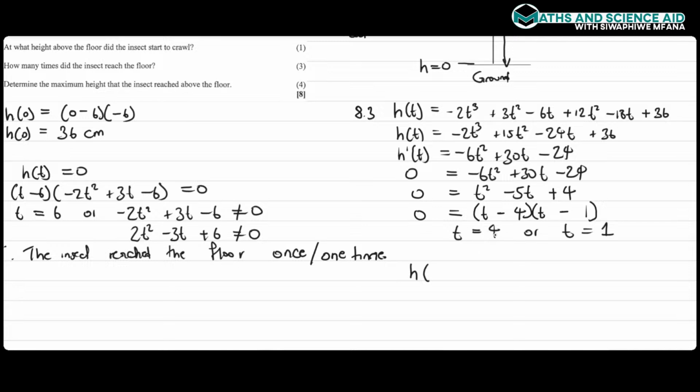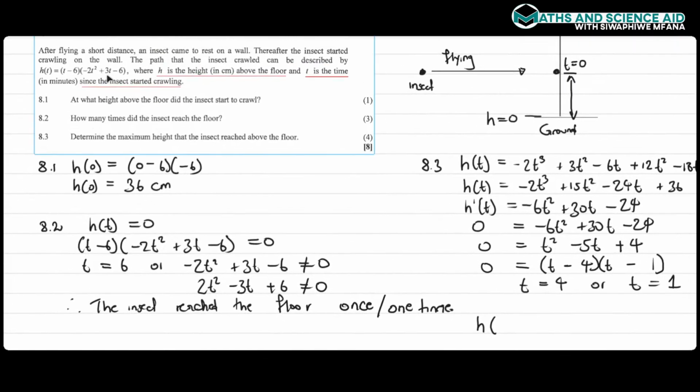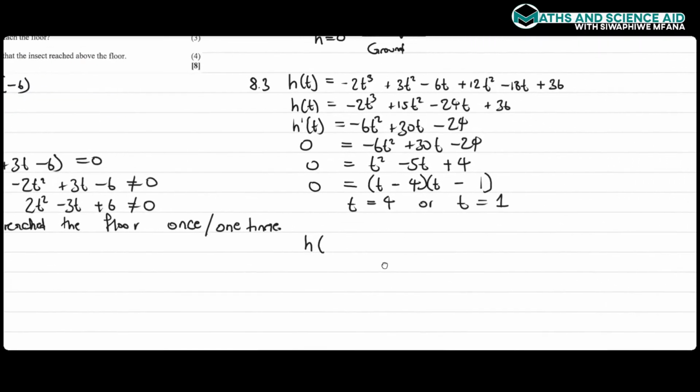You can sub both of them into the original equation of h. So I'm talking about this one right now. You can sub into this equation, or in fact, if you like, you can even sub into the factorized one. Either way, you should get the correct answer.